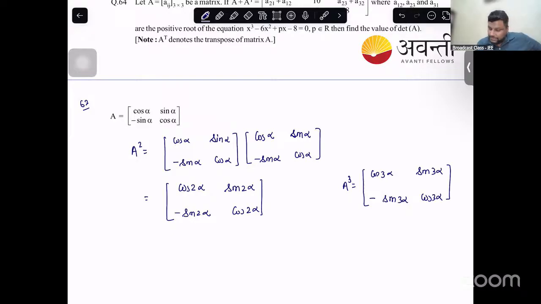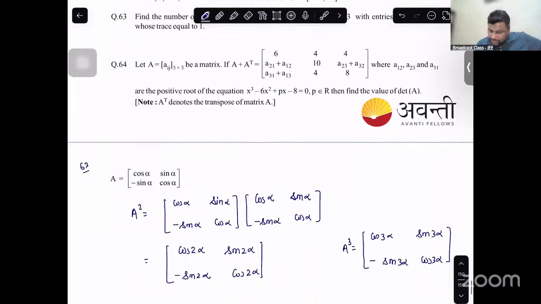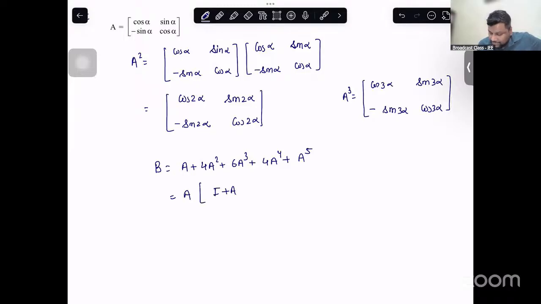All right. Now they are asking for determinant of B. Now see, this B is given to you: A plus 4A square, 6A cube, 4A to the power 4 plus A to the power 5. If you take A common, it is I plus A to the power 4. Am I correct?